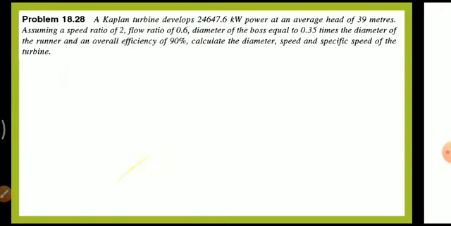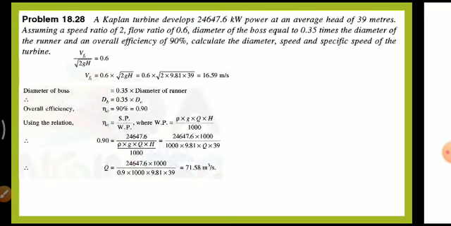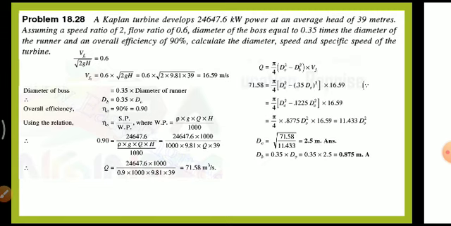Next we will be calculating the diameter from the equation of Q. The Q can be calculated by comparing the shaft power and water power. So we will get the value of Q. Then we substitute Q is equal to pi by 4 into (Do square minus Di square), and we will get the value of diameter. That is the first thing we have to calculate, the diameter of the turbine.